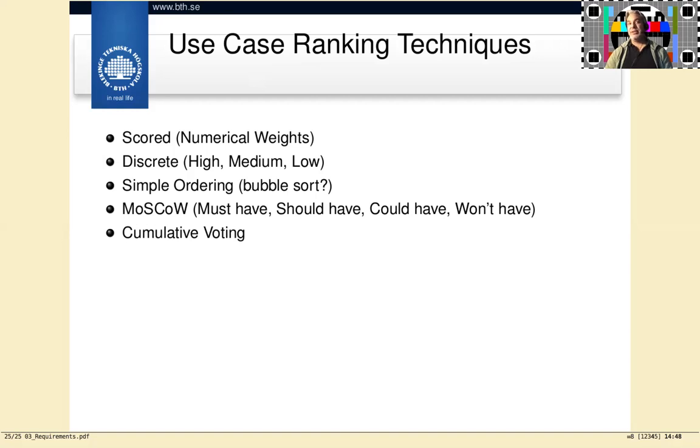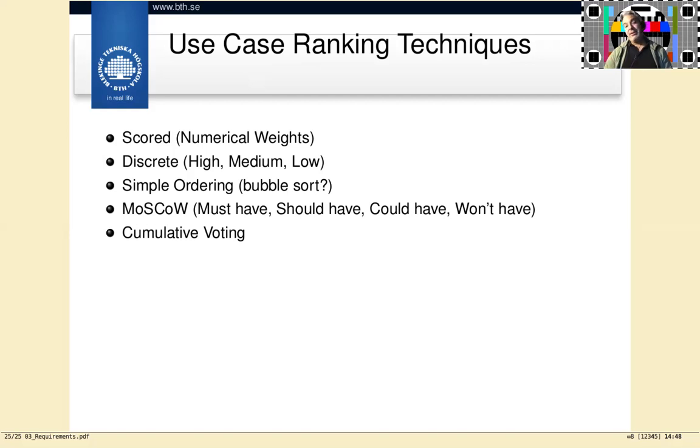And for these requirements, well, we should have them, but it's not absolutely critical that we do. And some other requirements we could have, well, if we've got time to spare, we can put them in as well. And we have the final category, won't have that. Yeah, that's not relevant right now, so we won't have them.